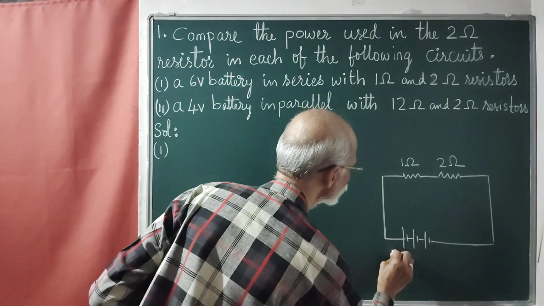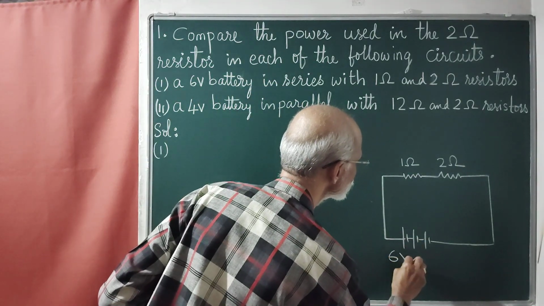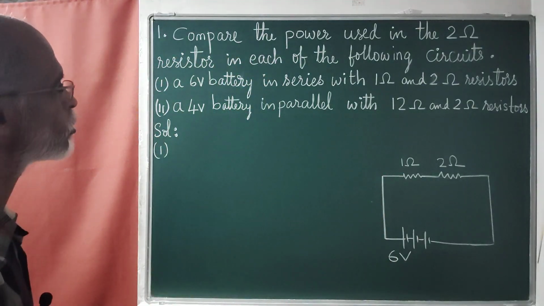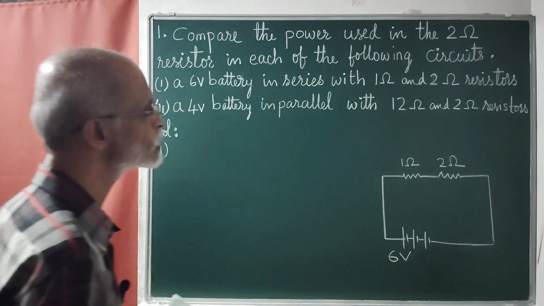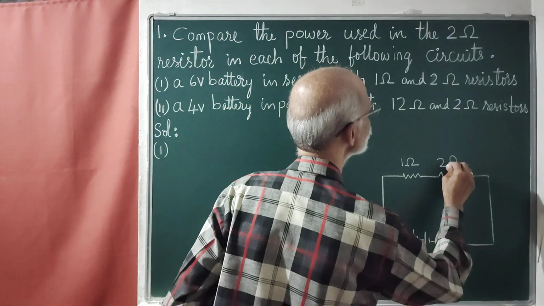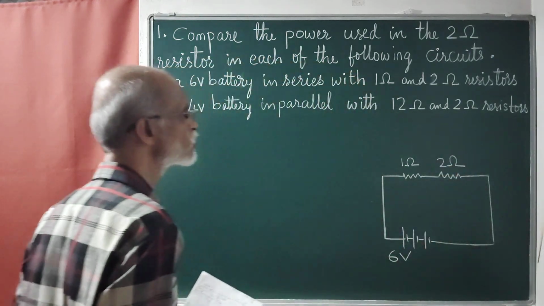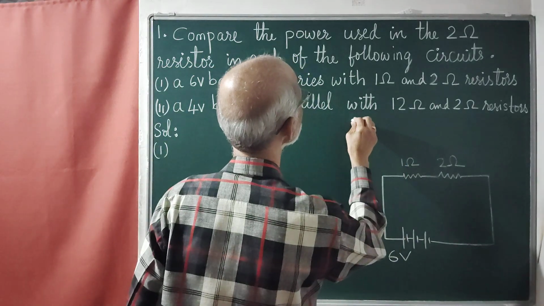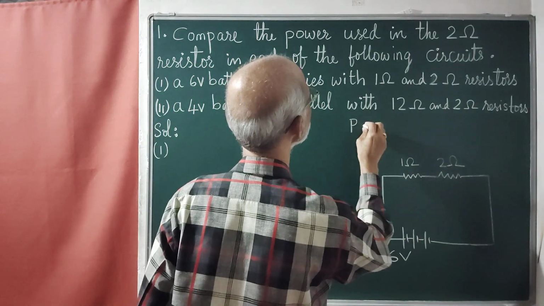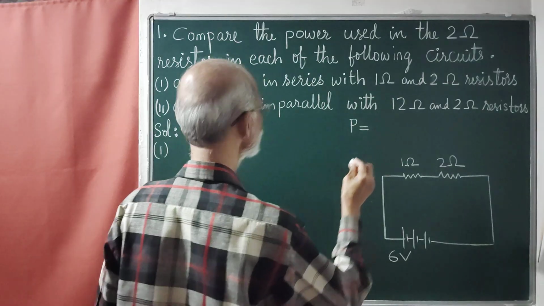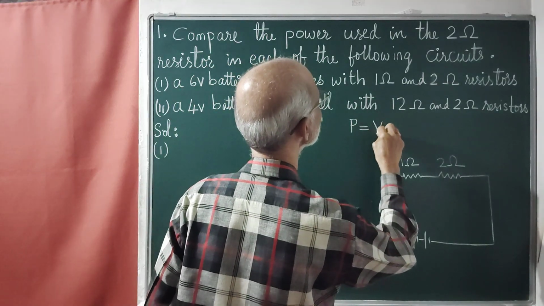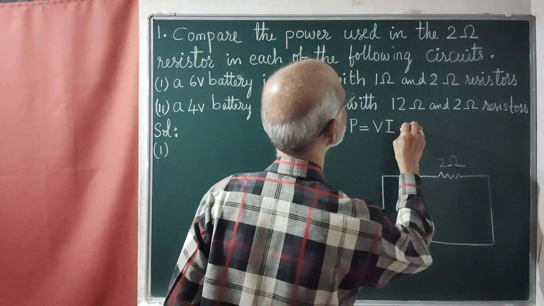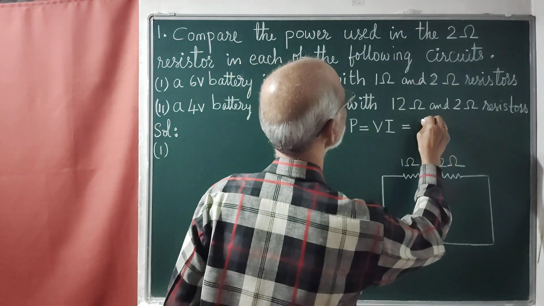The battery is a 6 volt battery. And now we have to find out the power used in the 2 ohm resistor. So to calculate power, the formulas we have with us, I'll write them here. P is equal to VI. This is one formula we have to calculate the power. It's also equal to I square R.